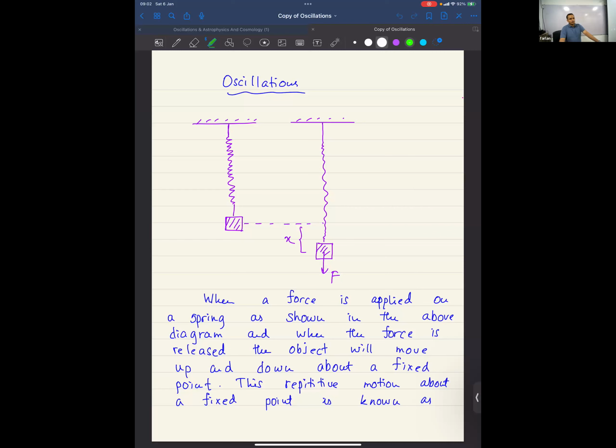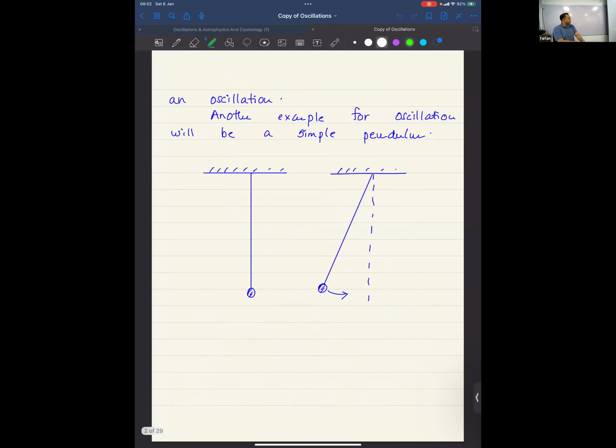A particle or an object moving through and back towards a fixed point is what we call an oscillation. Correct? So, a simple example is when an object is attached to a spring and when you move the object from the equilibrium point to a side and leave it, it will oscillate.